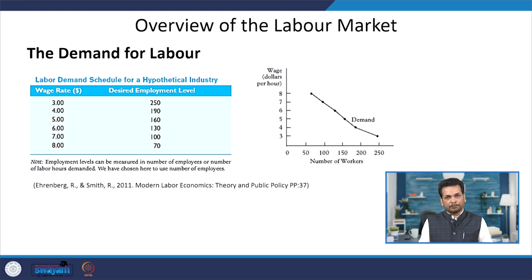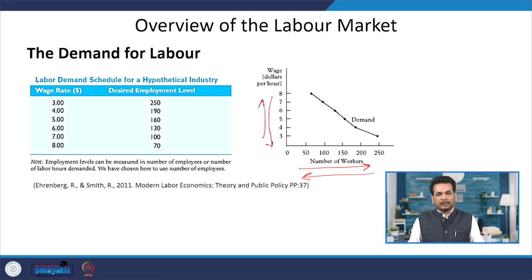If you plot these data, you will find that the demand for labor is downward sloping, which means as the wage rate declines, the demand for number of workers increases and vice versa. If there is an increase in wages, the demand for workers declines. So, we have an inverse relationship between the demand for labor and the wage rate of a particular industry.